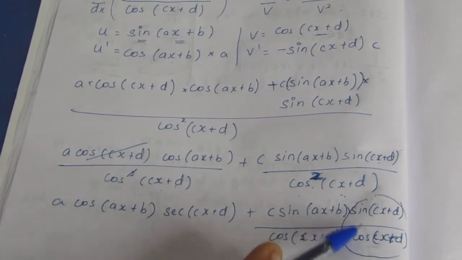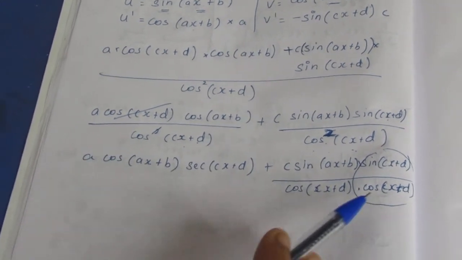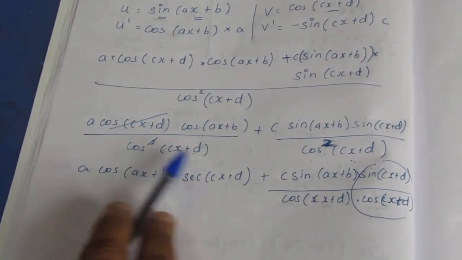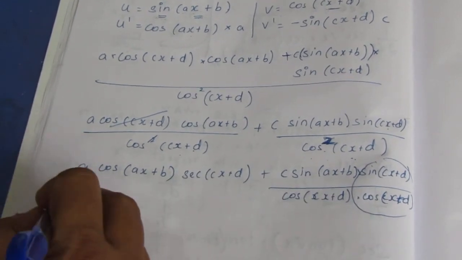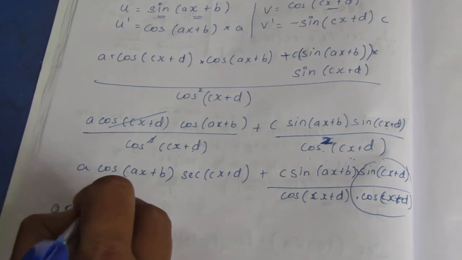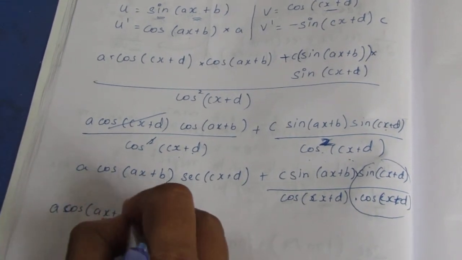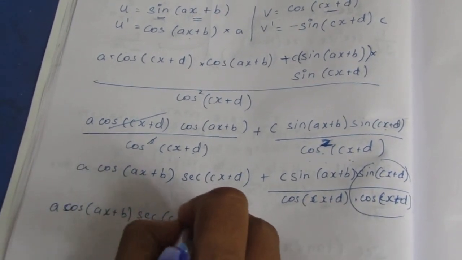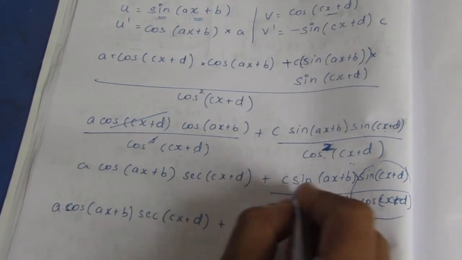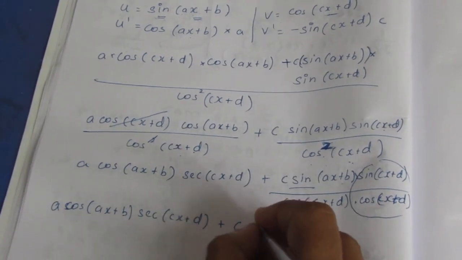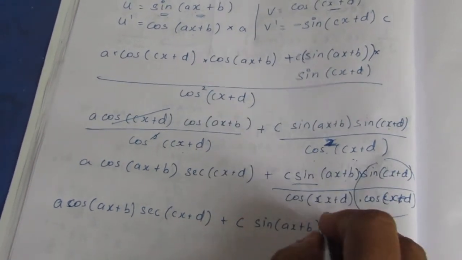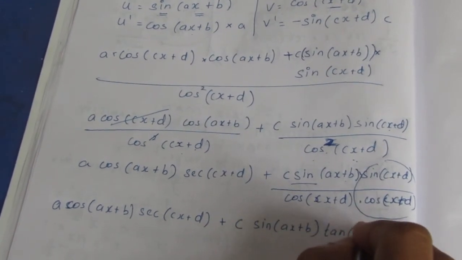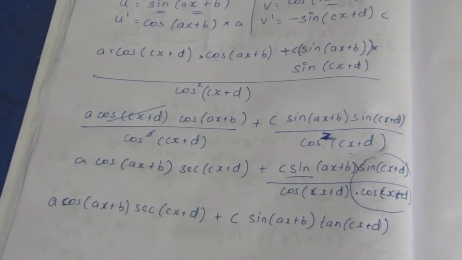Here we have sin by cos, which can be written as tan, and the same way what we have done here, we will write sec in the numerator. Here it is a cos(ax+b) into sec(cx+d), plus this will be the same as it is, c into sin(ax+b). This can be written as tan(cx+d). If angles are equal only, we can write it.